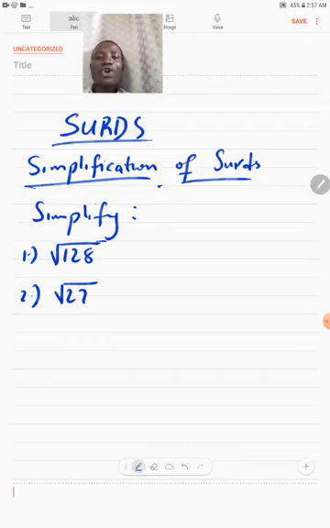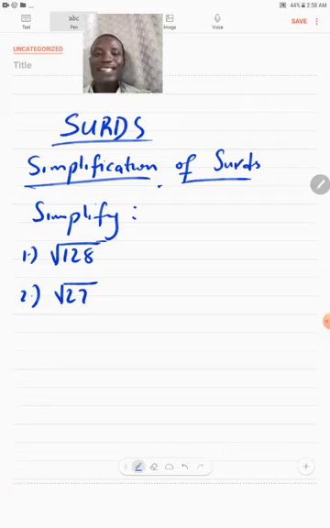Before you can simplify single surds like this, it is very important that you remember your knowledge of prime numbers. And what are prime numbers? Prime numbers are numbers that have only 2 factors.